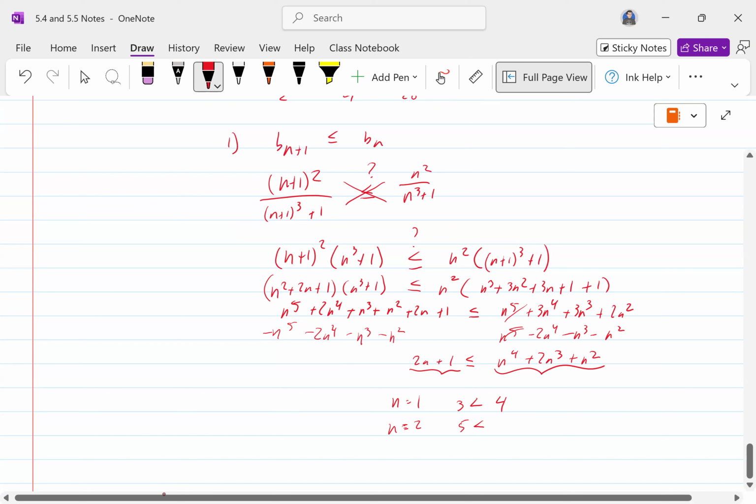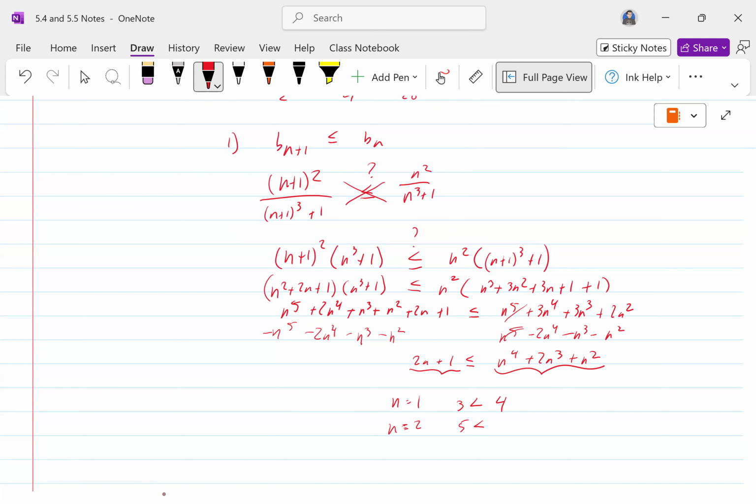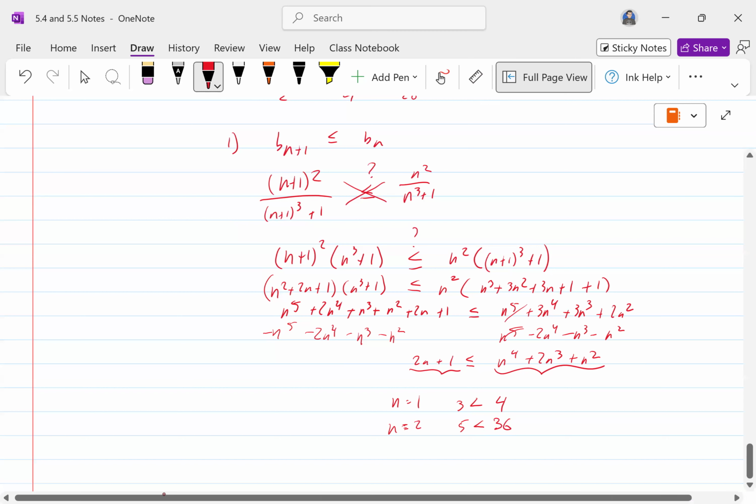This is 16 plus 16, which is 32, plus 4, which is 36. And we can see that, yes, these numbers are going to be bigger. They're going to dwarf these numbers eventually, and these are going to be the smaller. So it does check.